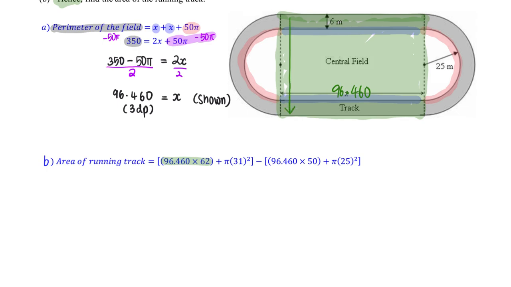The breadth is 50 plus 6 and 6, because here is radius 25, and they give me 62, times pi r square.